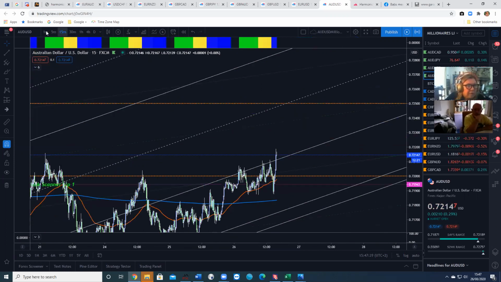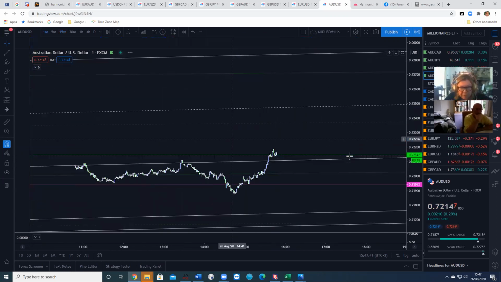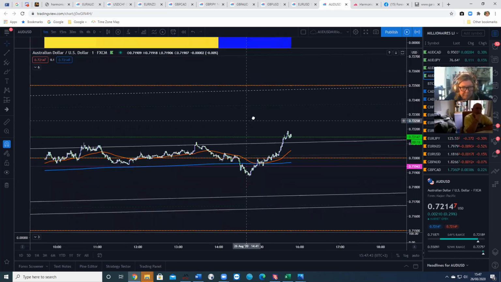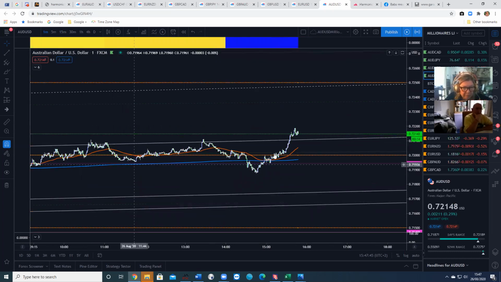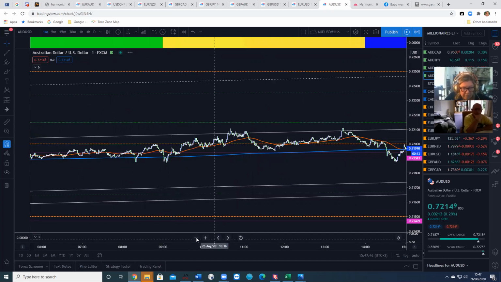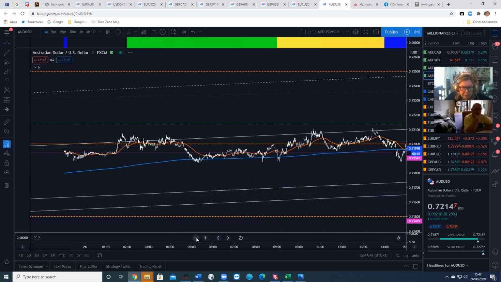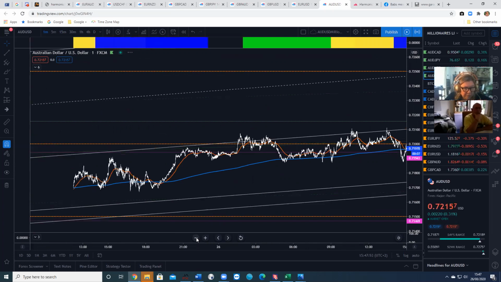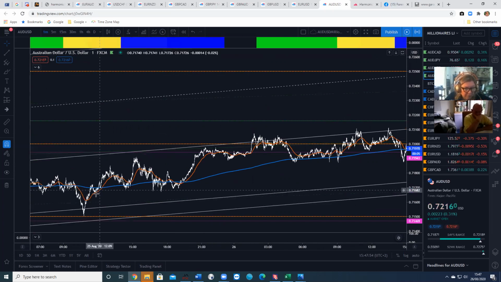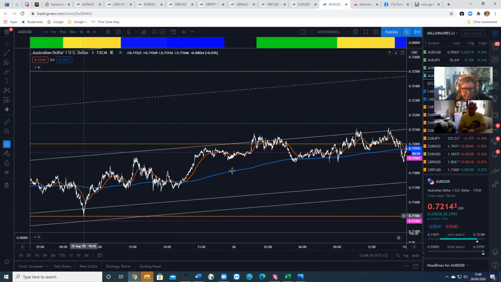So let's come to the 1 minute. And I just want to see when it did cross over. So yesterday, in London, it took quite a long while to do 50 pips because it is a slower pair.